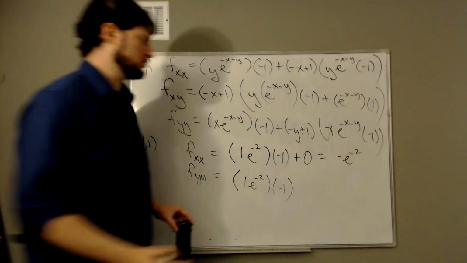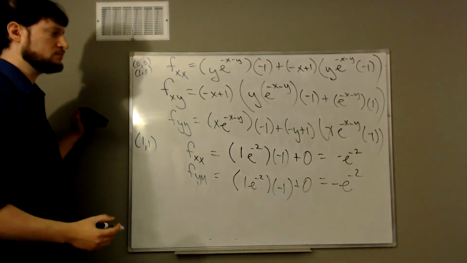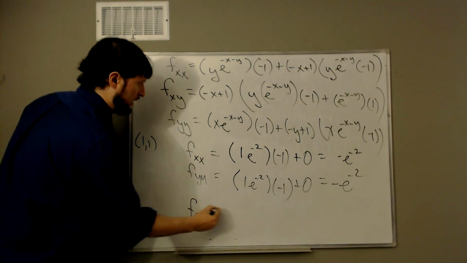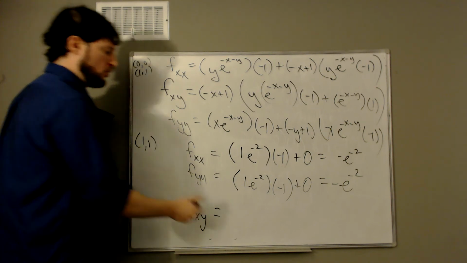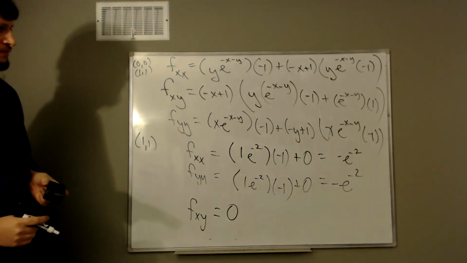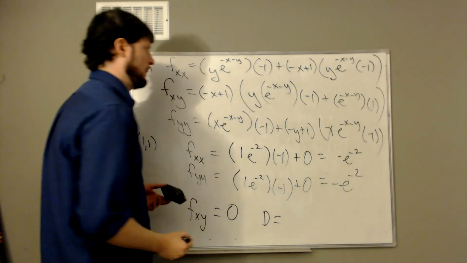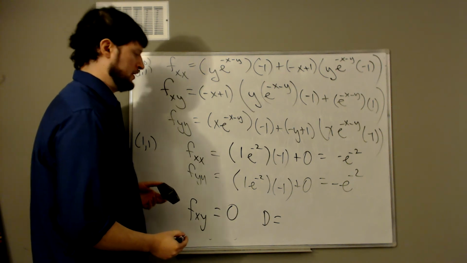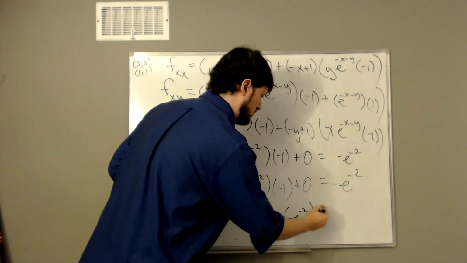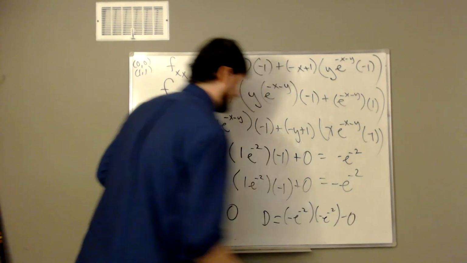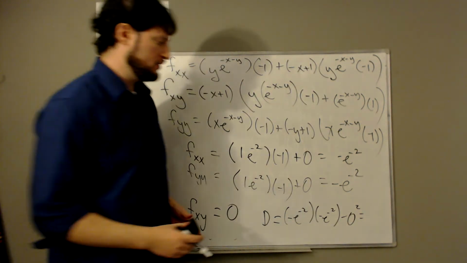And the second term goes to 0. So I get minus e to the minus 2. That's f sub xy. This is 0, but I plug 1 in for x, so the whole thing is 0. So D is f sub xx times f sub yy, minus e to the minus 2 times minus e to the minus 2, minus 0 squared, and that's positive e to the minus 4.